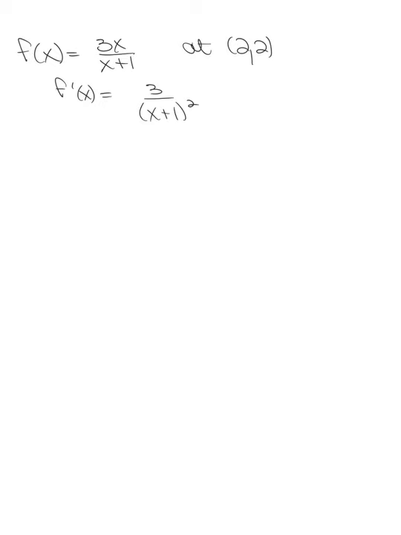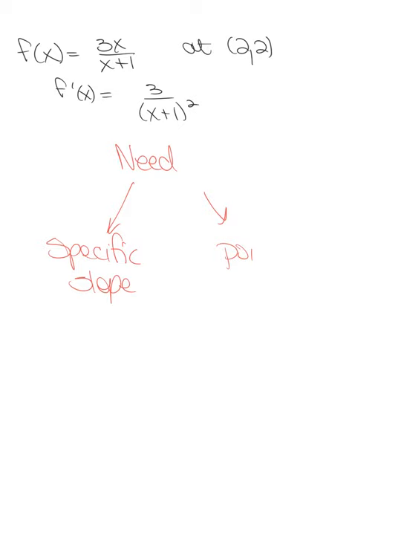And I know that anytime I want to write the equation of a tangent line, I need two things. I need the specific slope, and I need a point on the line. Well, they gave me the point on the line. The point on the line is the ordered pair 2, 2.